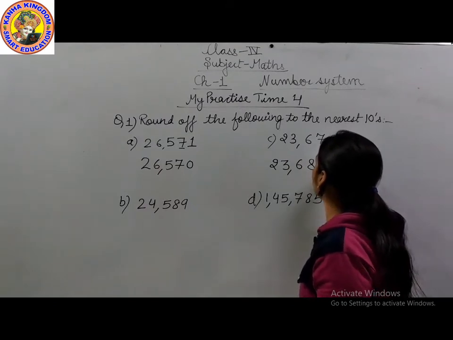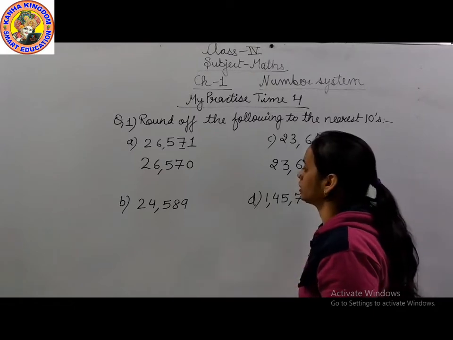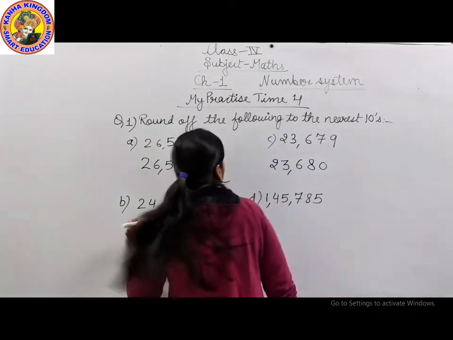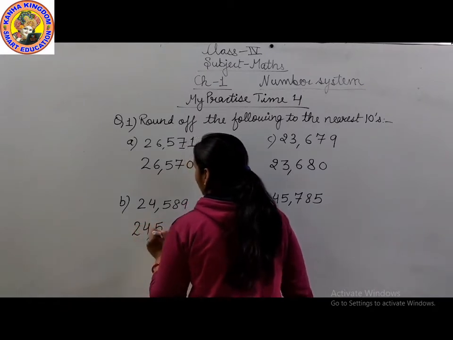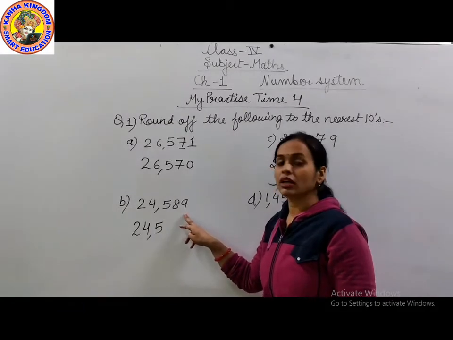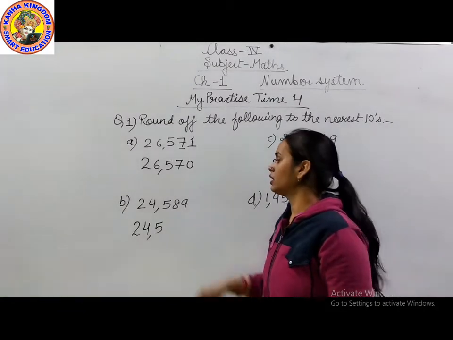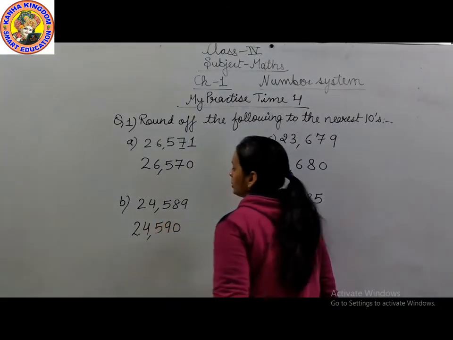If the digit at the ones place is greater than 4, we write 80. The digit at the ones place is 9, so we write here 80. Now next is 24,589. The digit at the ones place is 9, so we write here 590.